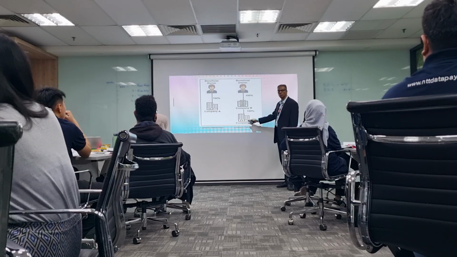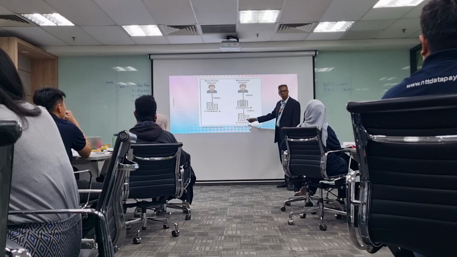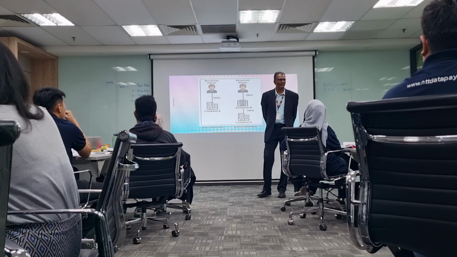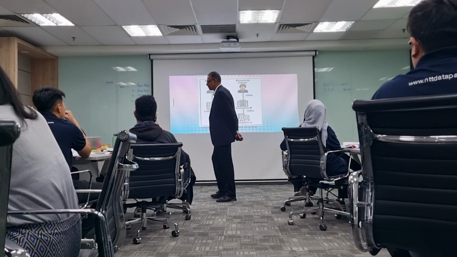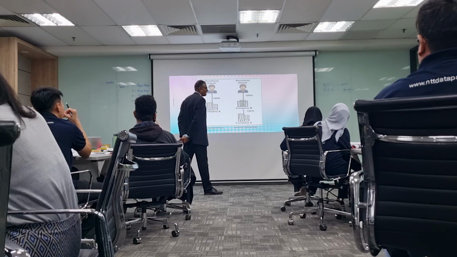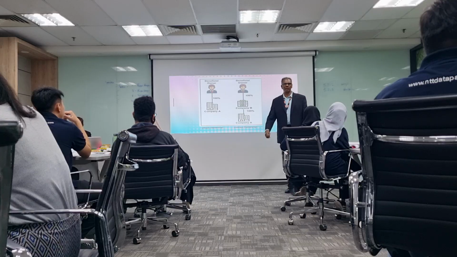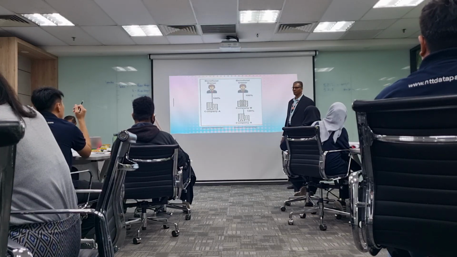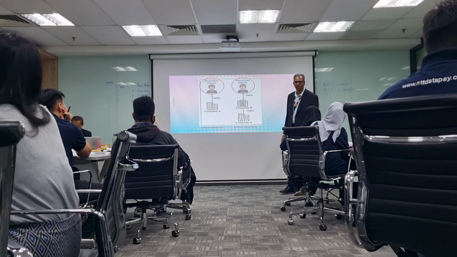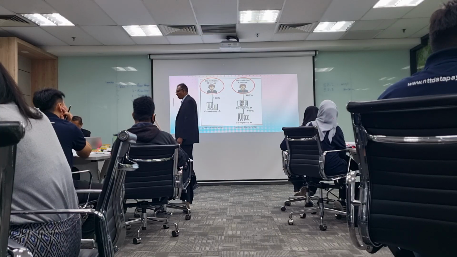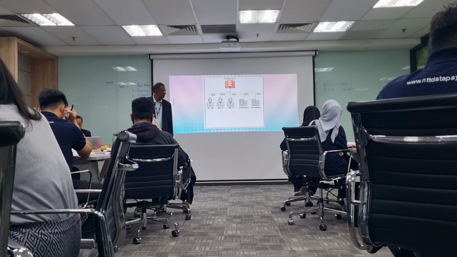Company B. So what about the natural person? Remember, earlier in the slides I told you it must be a natural person, a living human being. It cannot be a legal person. So this person is the beneficial owner, because he owns 100% of this company.